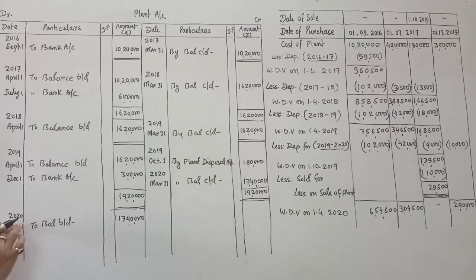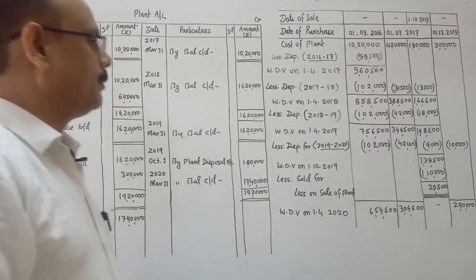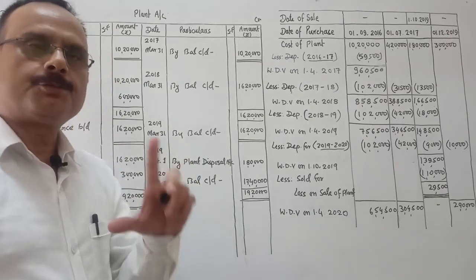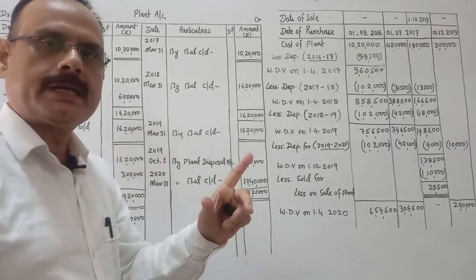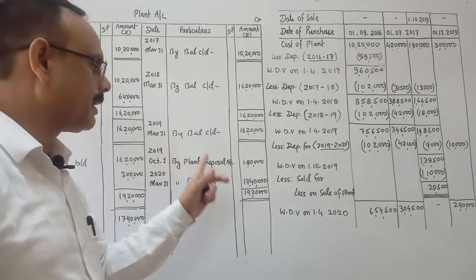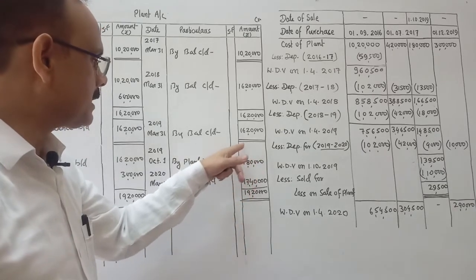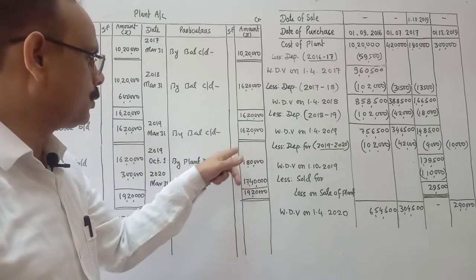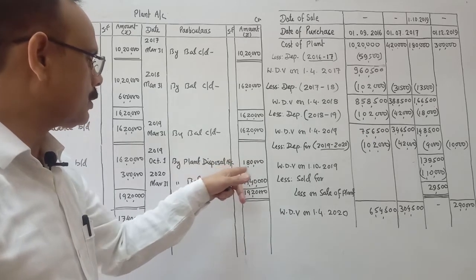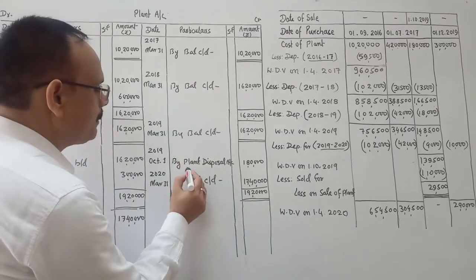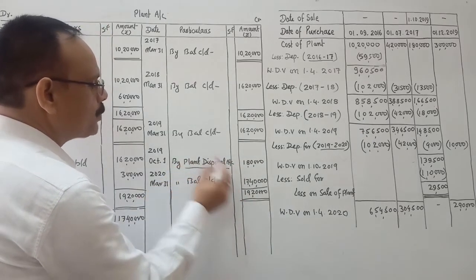On which date will it be brought down? April 1st. Is it clear? So when it is requested to prepare the plant disposal account, we are not going to calculate the profit or loss on sale of plant over here. The original cost of the plant which was sold will be transferred to which account? Plant disposal account.